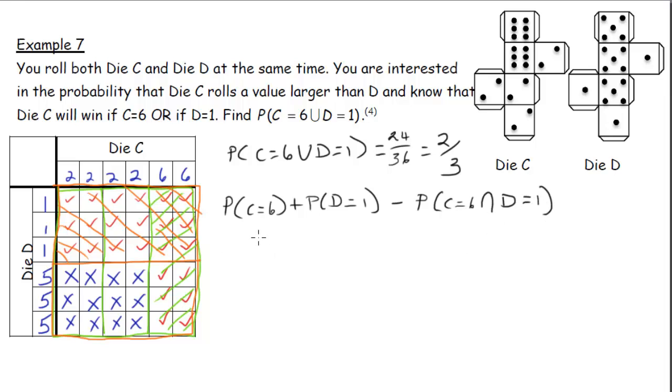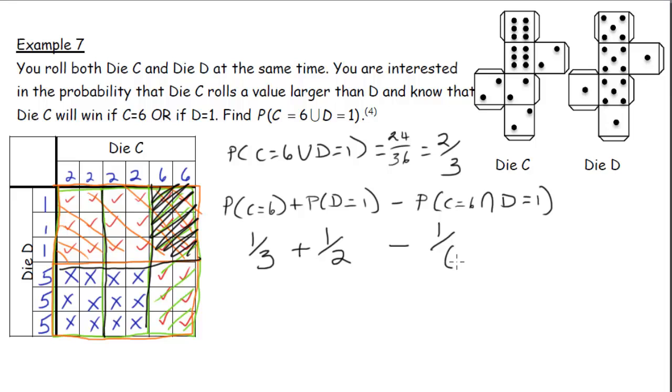So this would be 1/3 plus 1/2, but then I need to subtract off this overlap here, which hopefully you can see that if I break this into 6 pieces, this overlap is going to be 1/6. So this would be 2/6 plus 3/6 minus 1/6, which is 4/6 or 2/3.